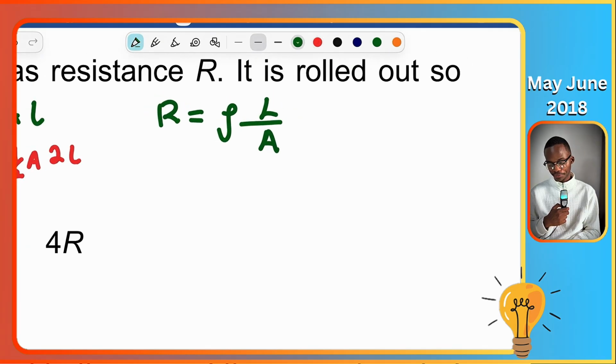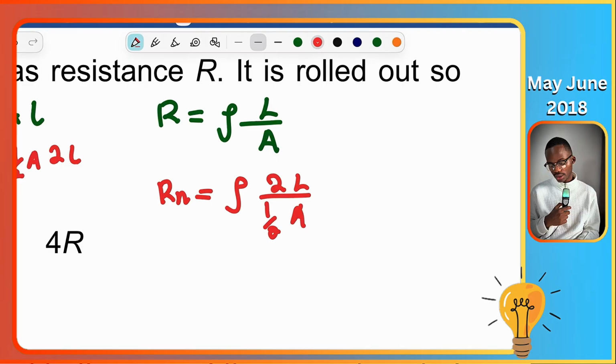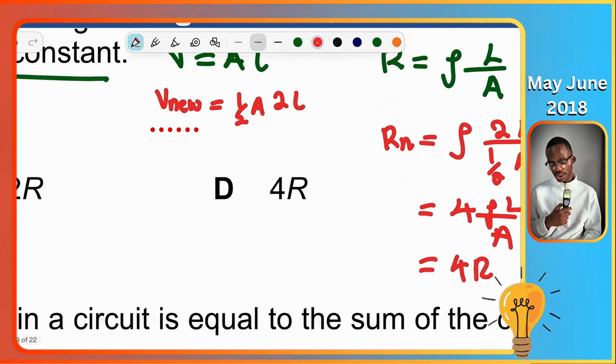So the new resistance will be, because resistivity is a property that remains constant, double the length, half the area, so the half goes above, so you're going to have 4 rho L over A. But rho L over A is R, so you're going to have 4R, which is going to be D.